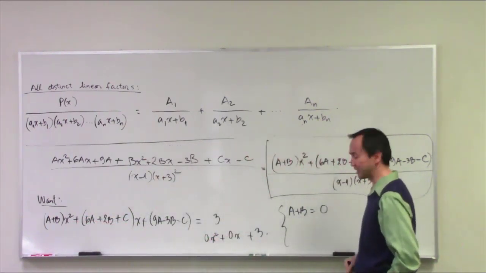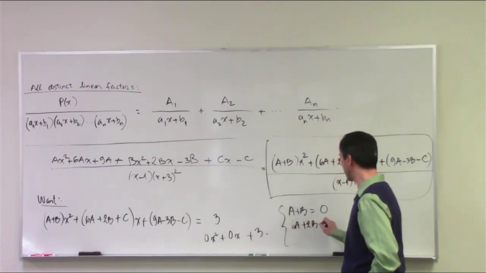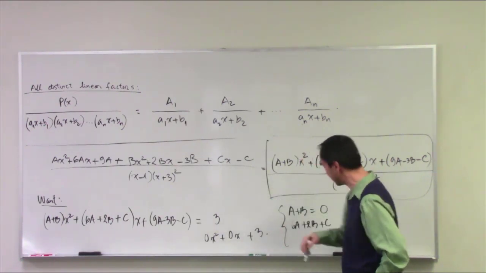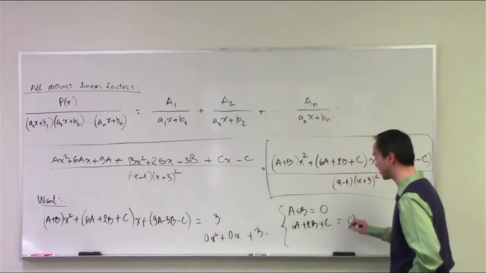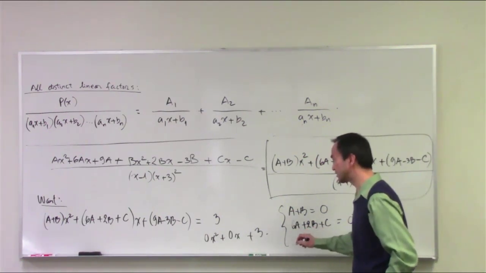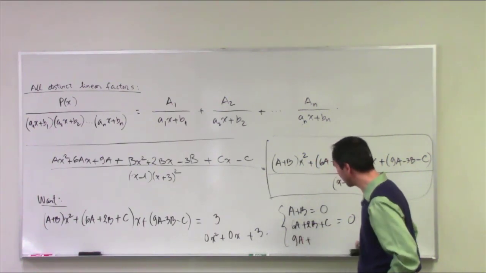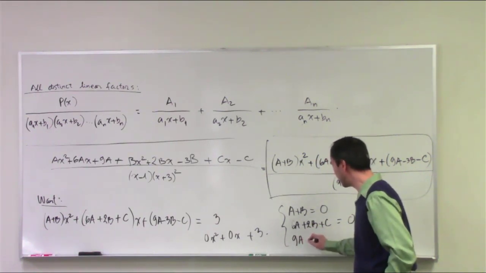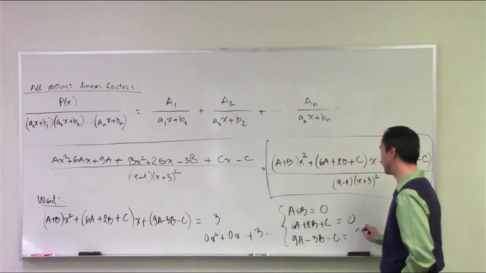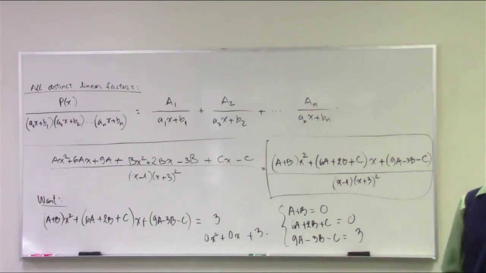The 6a plus 2b plus c being the x coefficients on the left hand side of the equation got to be equal to 0 as well. And further, the 9a minus 3b minus c must equal 3.